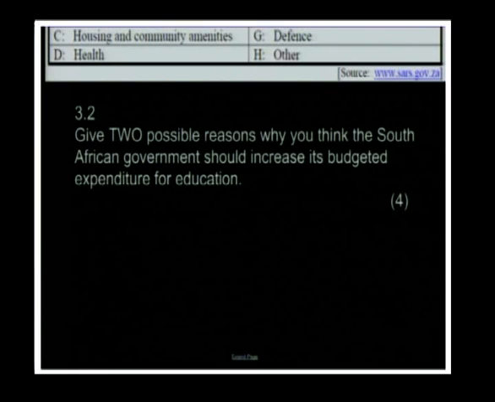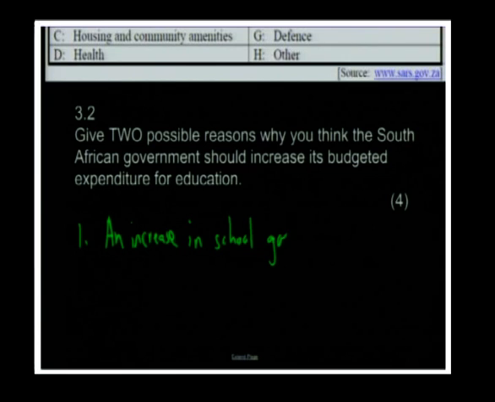Just off the top of my head, I would imagine that there's maybe a large population of children coming into schools. Perhaps the population has increased. So you could write for one of the reasons, and let's give it a number: an increase in schoolgoers or pupils would need a greater budget.